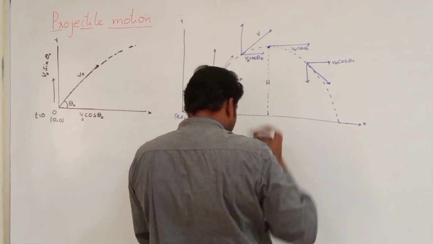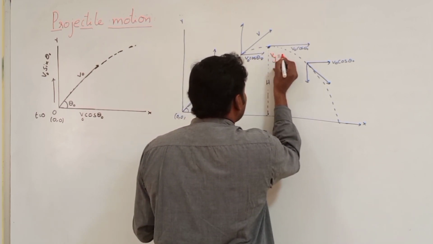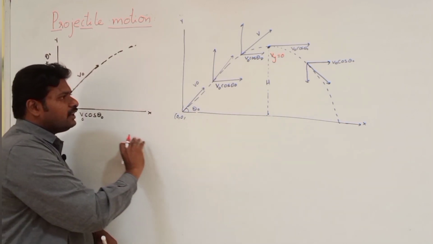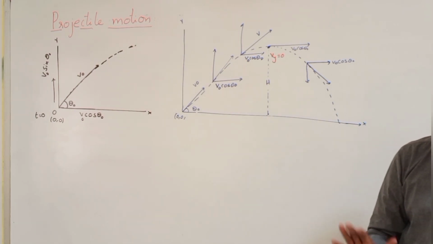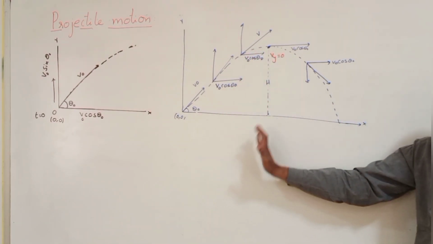At maximum height, the vertical component of velocity becomes 0. The horizontal component of velocity is the same, the horizontal component of acceleration becomes 0, and the vertical component of acceleration is equal to g.